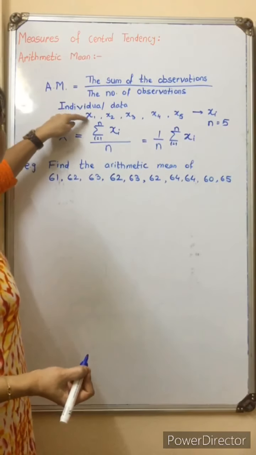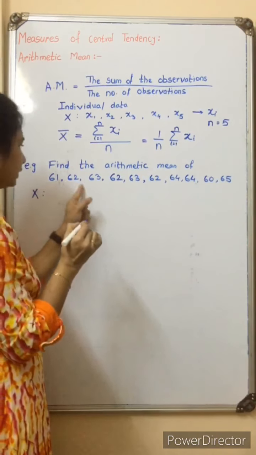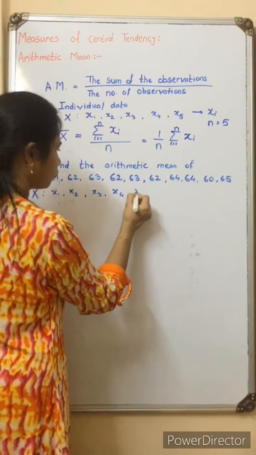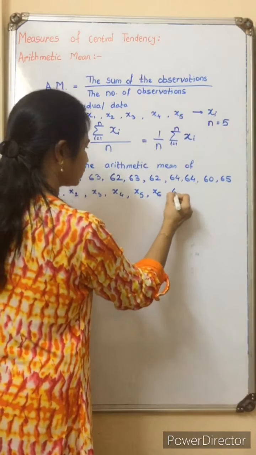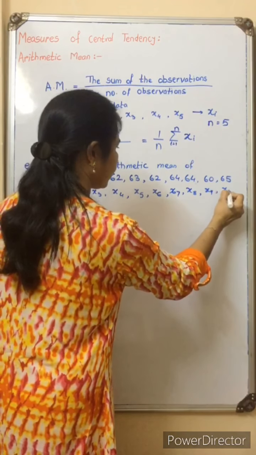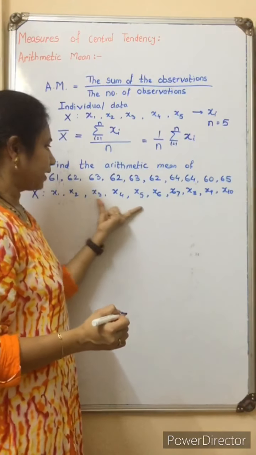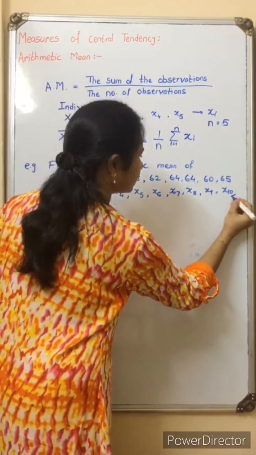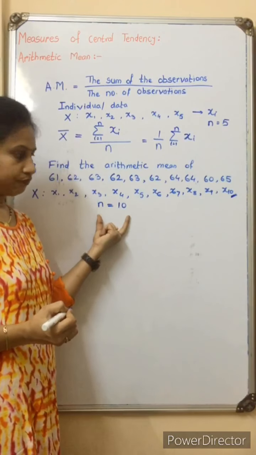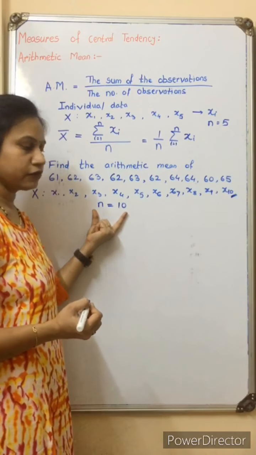We denote the variable by x, and these are the values x1, x2, up to x10. There is no need to write them all down; I write here just to show the values of x. Here the value of n, the number of observations, is 10. There are 10 values, so n is 10.